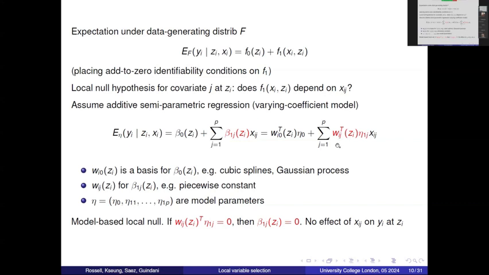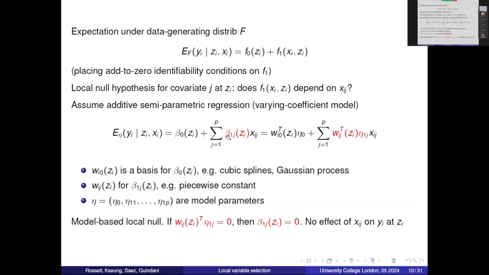If you've never seen this kind of thing, I'll walk you through the basics in the next slide. But just staying on this slide for a couple more moments, the question is whether this beta, local variable selection, says whether the effect of covariate j at a particular Z is zero. But this is just asking whether this guy in red is zero.